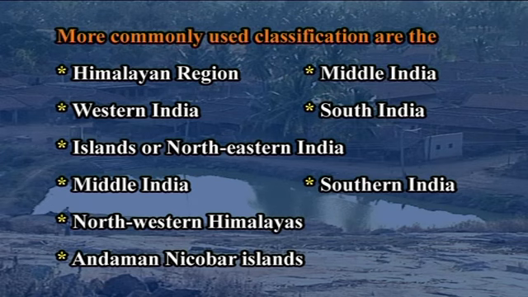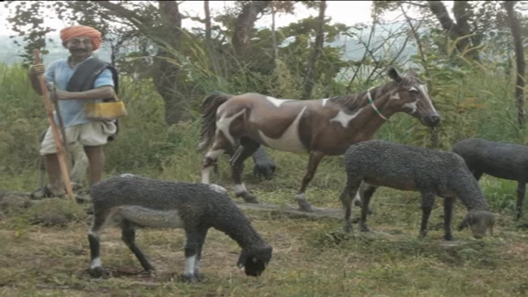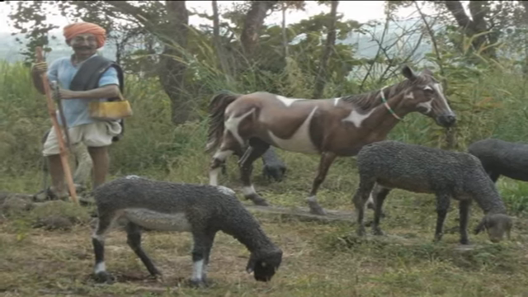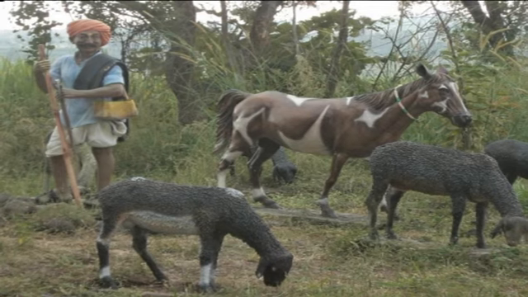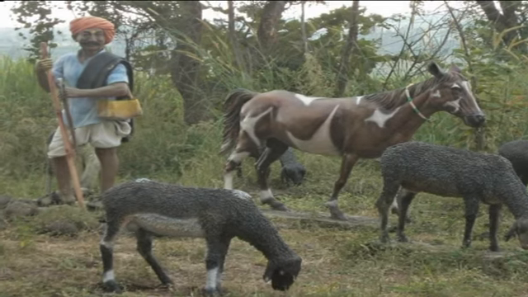More commonly used classifications are the Himalayan region, Middle India, Western India, South India, and islands or Northeastern India, Middle India, Southern India, Northwestern Himalayas, and Andaman and Nicobar Islands. However, the administrative boundaries do not necessarily coincide with the demarcation of traditional habitats.